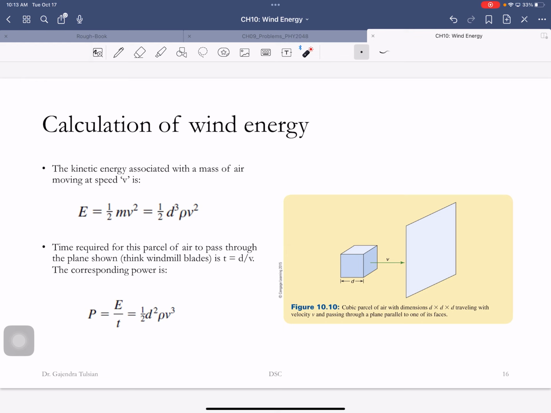Power is energy divided by time: how long it takes for this parcel to pass this location. Velocity is d by t, so one of the d's divided by t gives you velocity. So the power depends on velocity cubed. And we said that speed cubed.